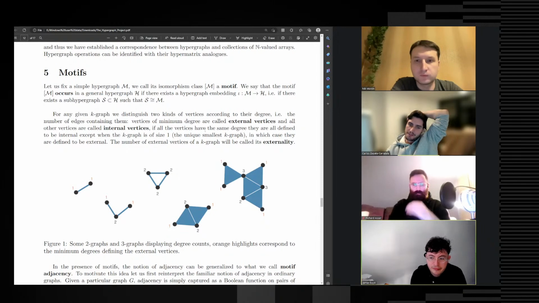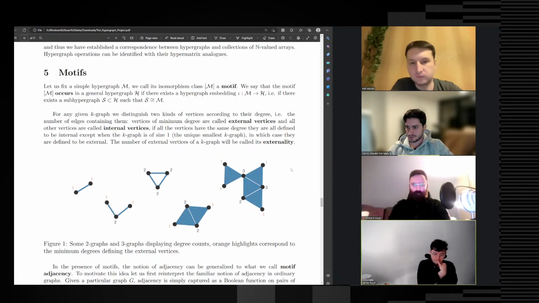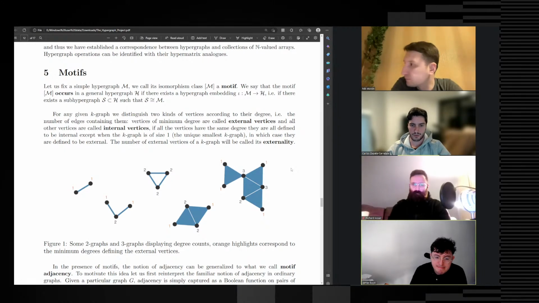So once we have the framework, we're working with hypergraphs, the next step is to think of our rewrite rules, which are going to involve pattern matching. I think this comes as no surprise to anyone watching, and so one of the earliest approaches that I'm proposing to take is to look at motifs. Motifs, in some sense, are building blocks of hypergraphs.